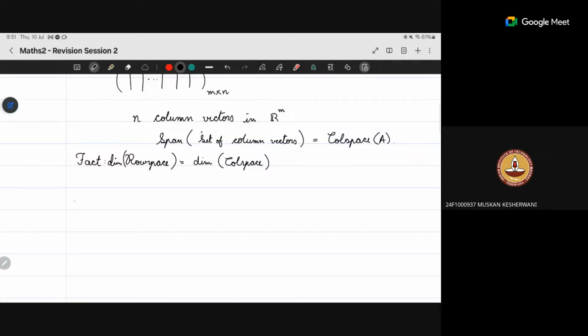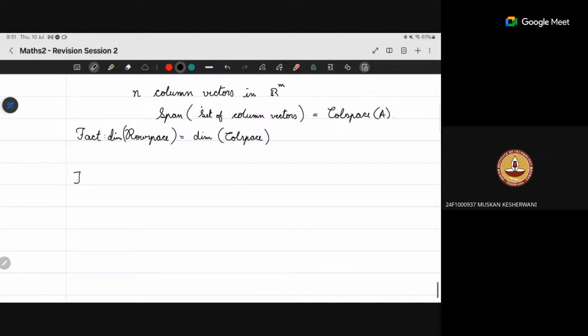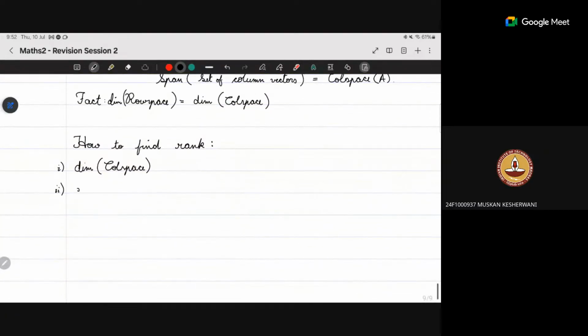Now, how to find rank? Any of the following methods can be used. By definition, it is the dimension of the column space, and given some vectors, you know how to find the dimension of the space they span. Similarly, you can do it for the row space also.